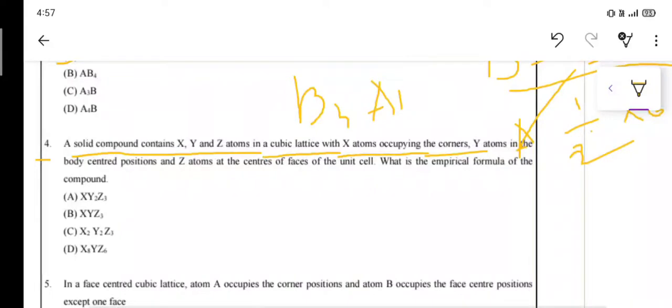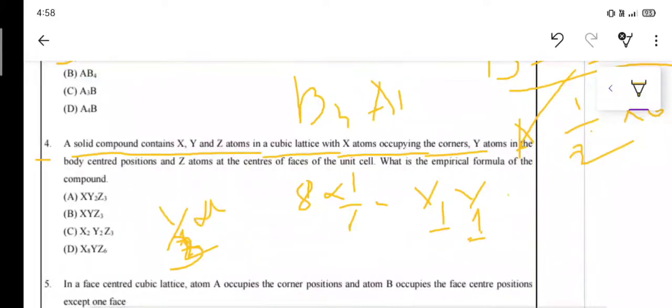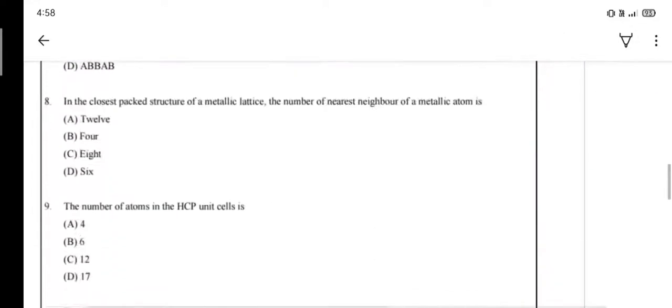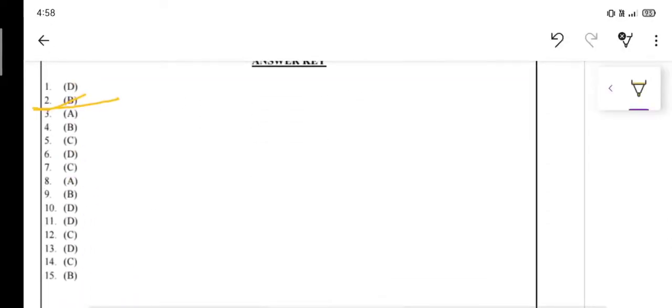As X is at the corner, 8 corners with contribution 1 by 8, therefore X1. Y atoms in the body center, therefore Y1. And faces, 1 by 2 into 6, 3, therefore Z3. So look, answer B.